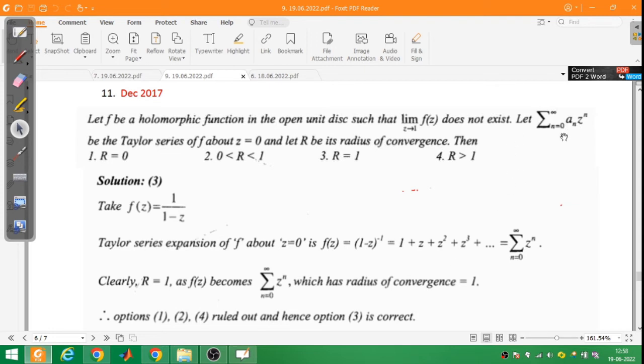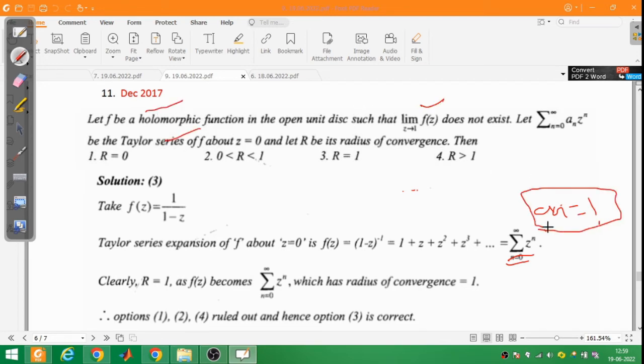Here we find the a_n using our assumptions on f. Using these 3 assumptions we find a_n. After finding a_n, we find the radius of convergence of the series, and the radius of convergence is 1.